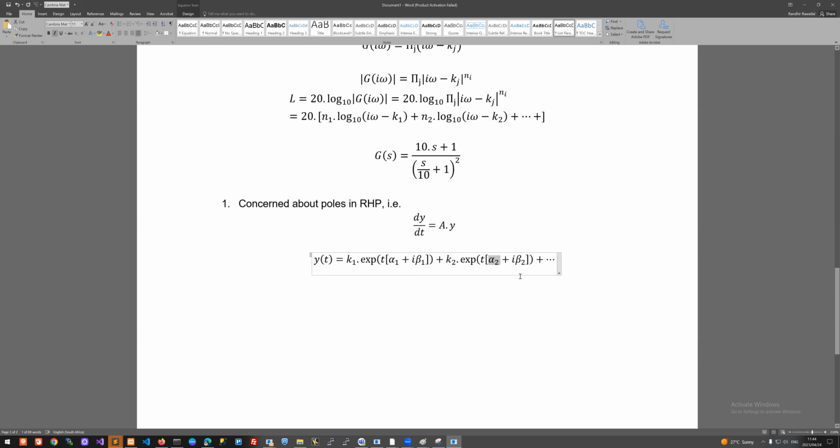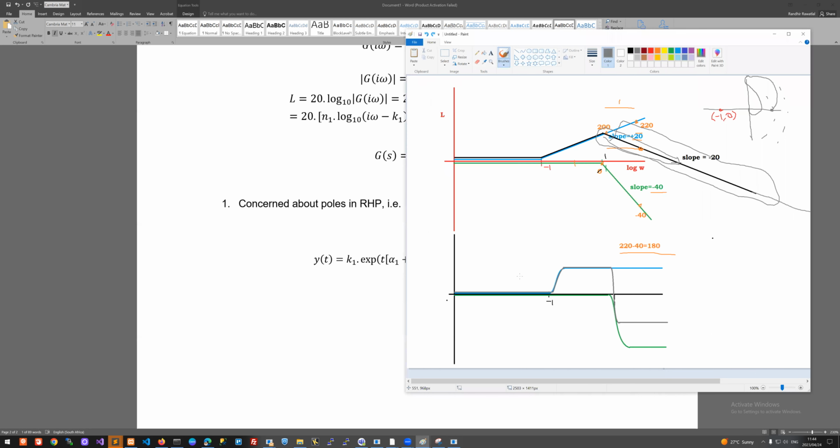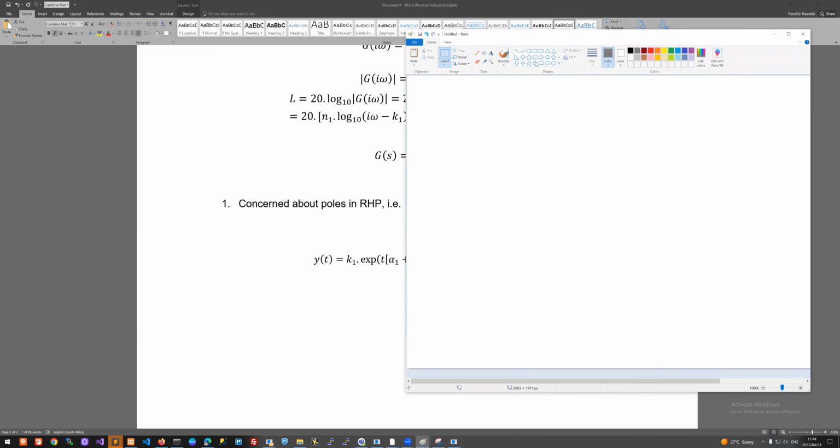And then let's see, the next piece is that if we have any region in space, and if we have zeros and poles, right?